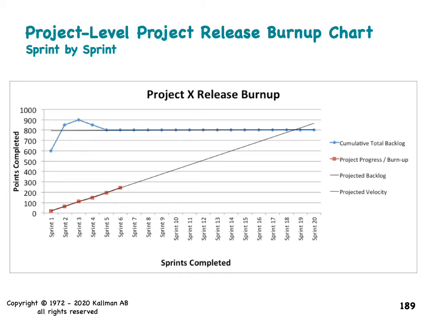And the bump that you see there that has come back down, either they decided to remove some items from the overall backlog that were no longer relevant, or they realized that they hadn't sized the backlog items correctly, and so they were refining and getting a better feel for how many points were actually in the backlog.